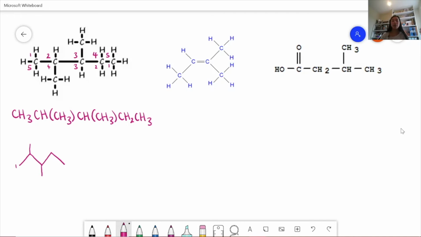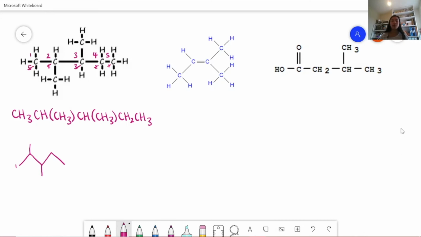And now we need to remember that the branch chains need to have the lowest numbers. And so if we do it with the top numbers, the branches would be on carbon number 2 and carbon number 3. And if we used the numbers at the bottom, the branch chains would be on carbon number 3 and carbon number 4. And so we have to use the numbers at the top. So we get rid of these numbers at the bottom.